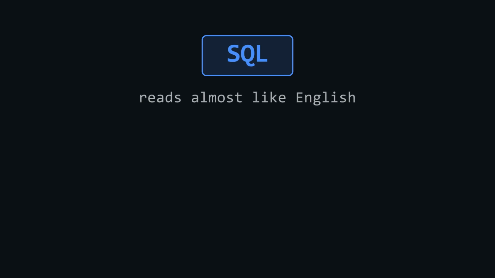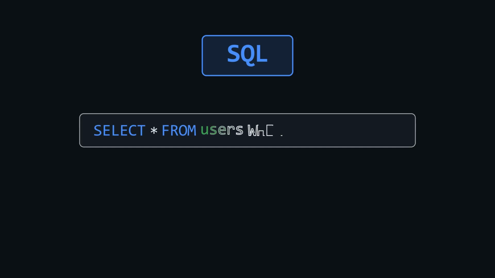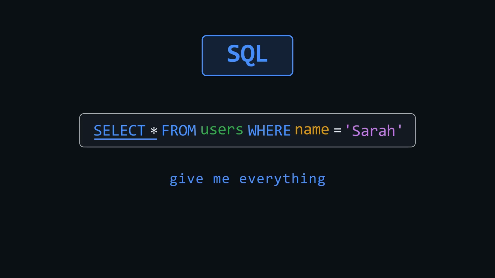Now, how do you get anything out? You ask in a language built exactly for this. It's called SQL, and it reads almost like English. Select star from users, where name equals Sarah. Select star means give me everything from users.